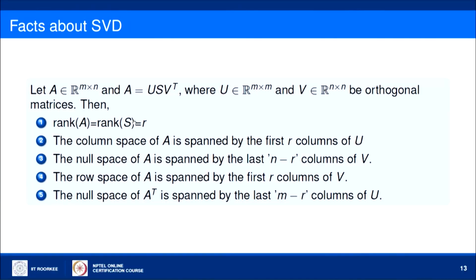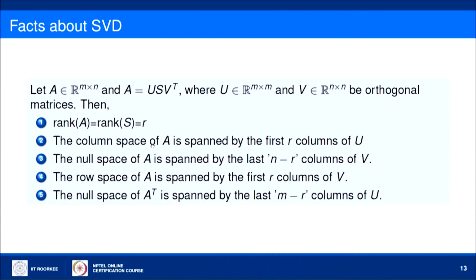So, the rank of a matrix will be the number of non-zero singular values, because singular values are non-negative, so they may be non-zero or 0.